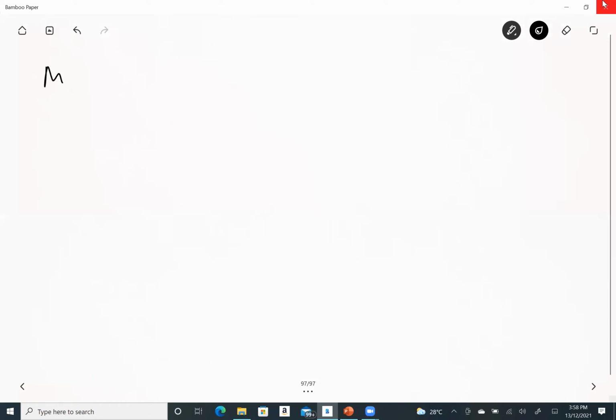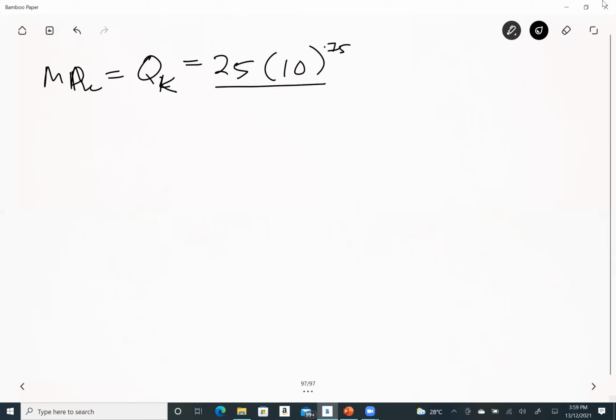So MPK would be equal to 25 times 10 to the power of 0.75 divided by 5 to the power of 0.75.